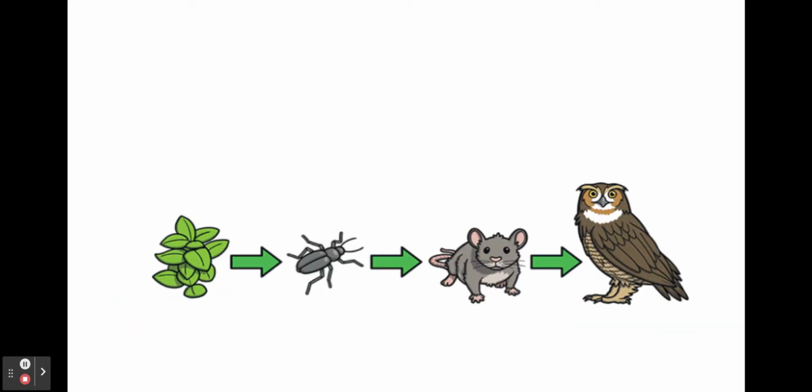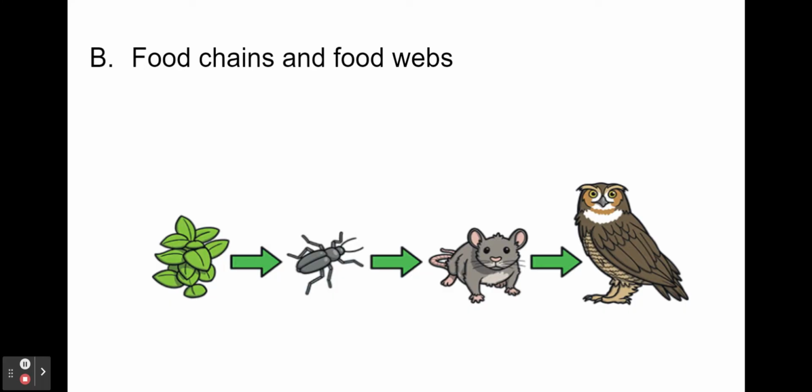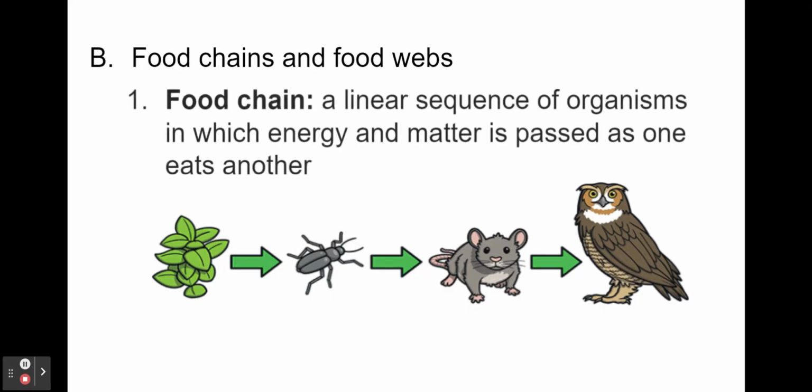All right, we're ready for big letter B, capital B, food chains and food webs. Detail one, a food chain is a linear sequence of organisms in which energy and matter is passed as one eats another. So here's the connection to matter and energy. We've got our leaves on the bottom left.